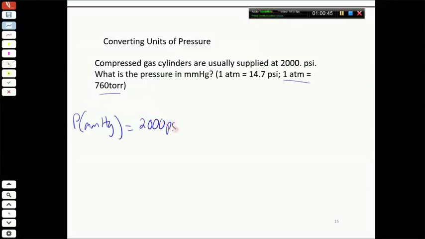So this is just unit conversions. We should be pretty familiar with this now. And the way we can do this is we know that we have a relationship between atmospheres and psi. So 1 atmosphere is 14.7 psi. And then if we want to go into millimeters of mercury, we know that 1 atmosphere is also equivalent to 760 torr.